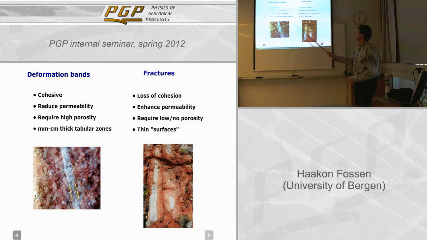So again, deformation bands and fractures are fundamentally different in many ways. Deformation bands are cohesive. Fractures involve loss of cohesion. So when you form fractures in a rock and you deform it again brittlely, the rock is most likely to split apart along the fractures. Most deformation bands involve a reduction in permeability. Fractures do not.